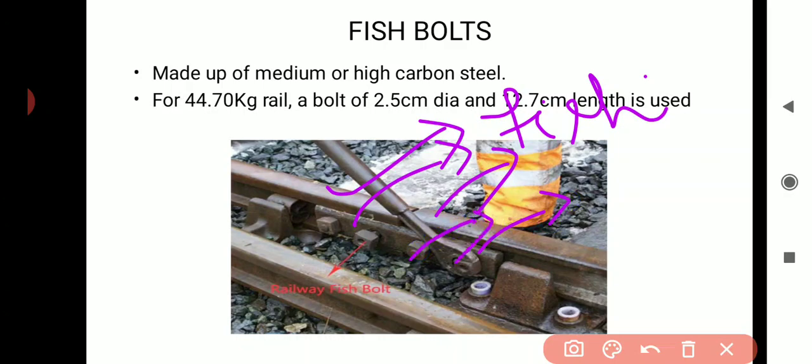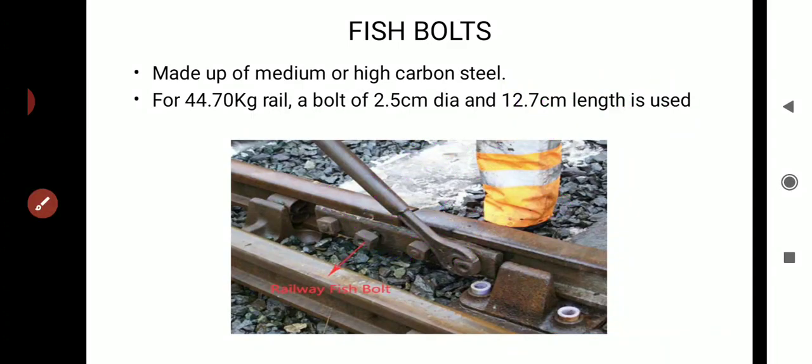Generally holes are drilled through the fish plate and through the web of rails. Then these fish bolts and nuts are provided in these holes. In this way the bolts are used to connect the two rail ends.